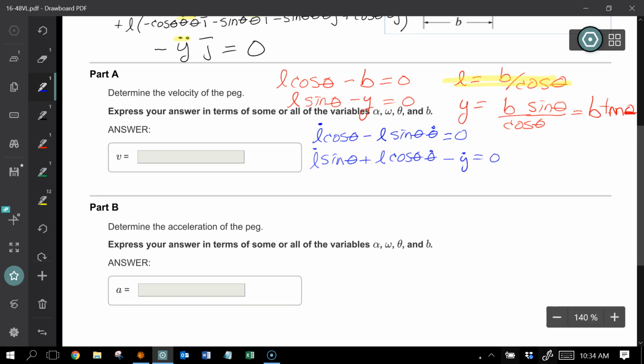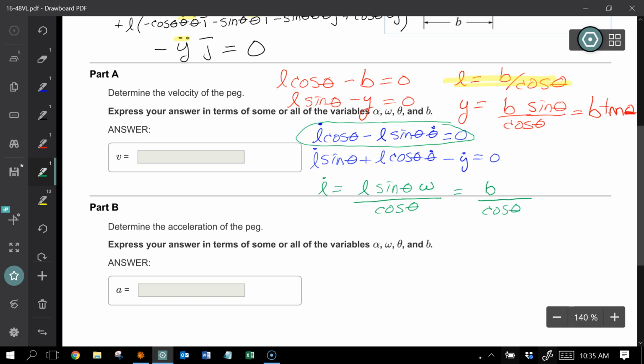Okay, so like I said, L dot and y dot are the unknowns. So take the top one, solve it for L dot. L dot is L sine theta, theta dot is omega, divided by the cosine of theta. L is equal to b over the cosine of theta.